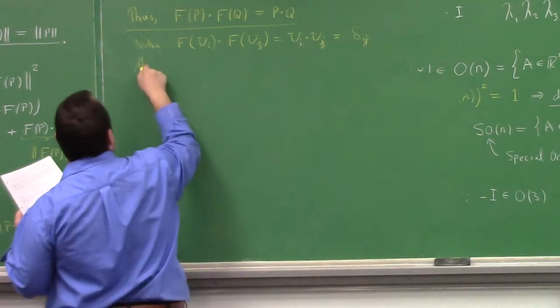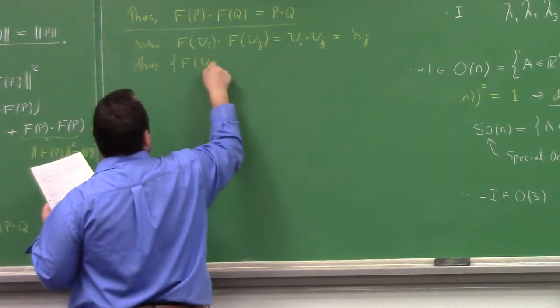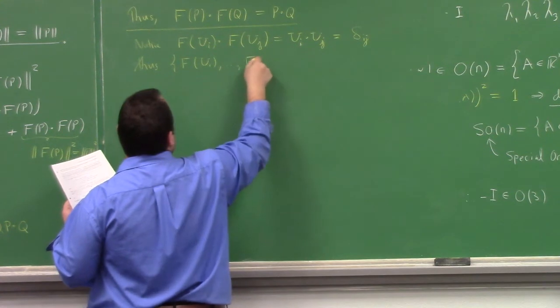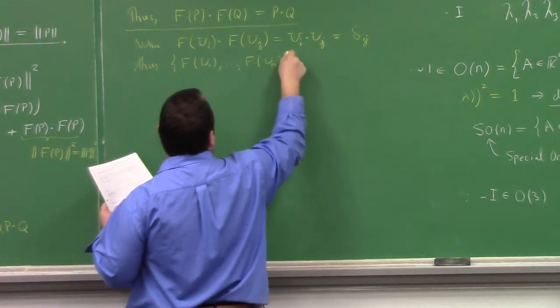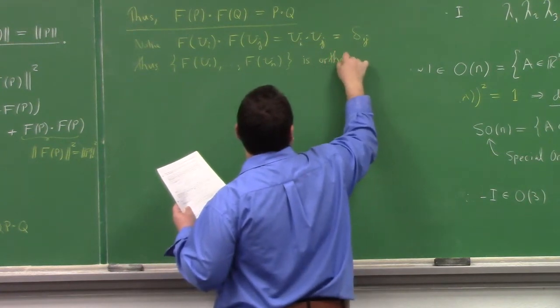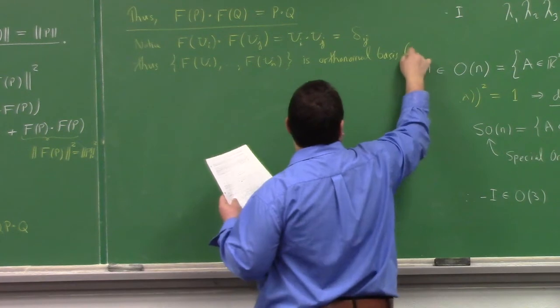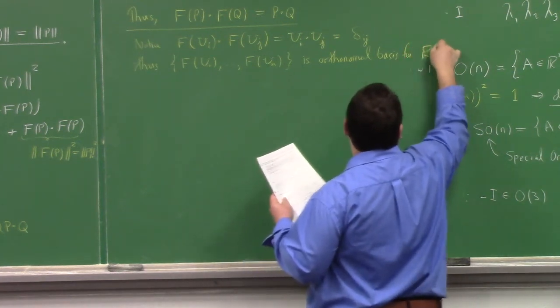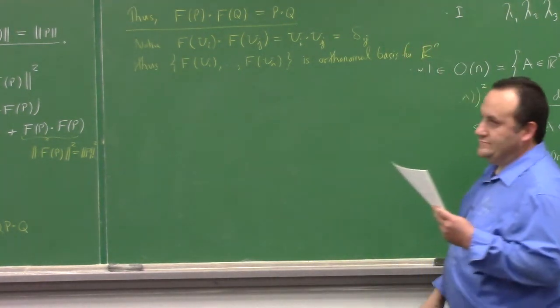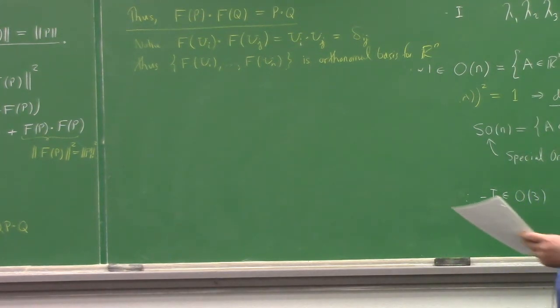Thus, f of u1, ..., f of un is an orthonormal basis of Rn. That's useful.